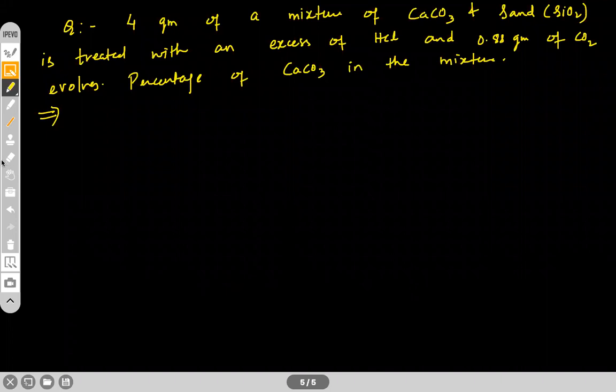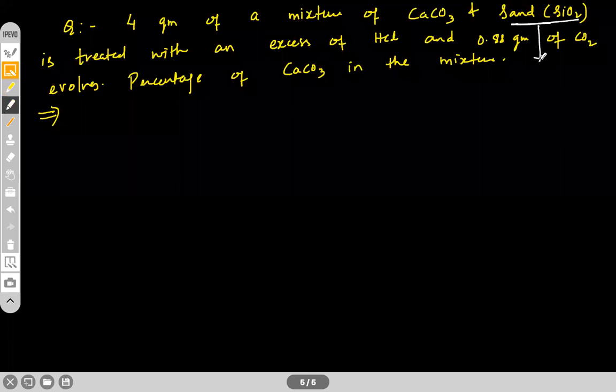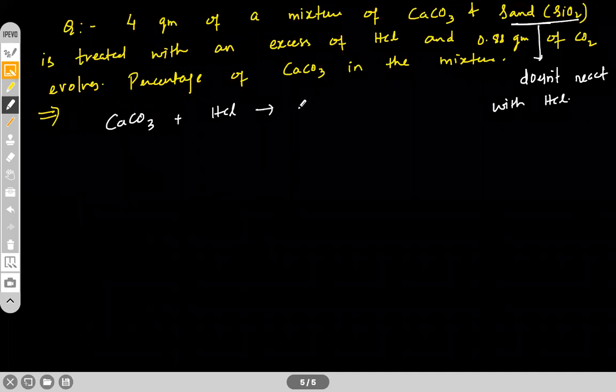Okay, right. You see that the catch in this question is what? That what is the reaction? So you should know this fact that this SiO2, sand, does not react with HCl. This you should know. Hence, the only reaction possible is the reaction of CaCO3 and HCl, giving CaCl2 plus H2O plus CO2.